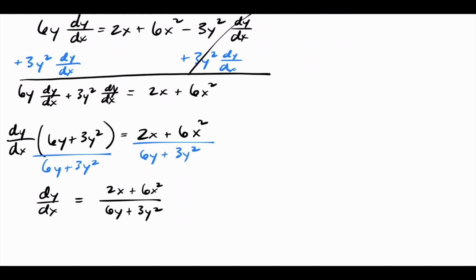The last guy. Can I divide everything? No, because of that 3 at the end, right? Because of this 3 at the end, 2 doesn't go in there evenly, so I'm done. That is the derivative.